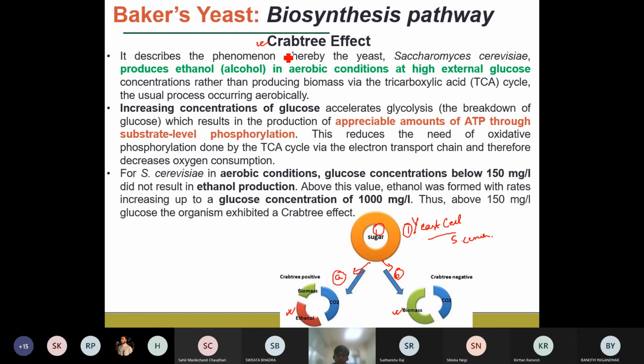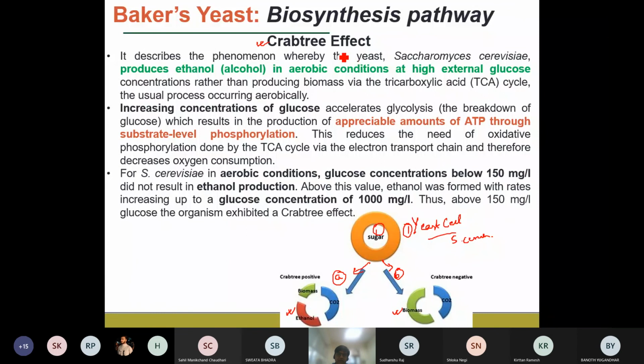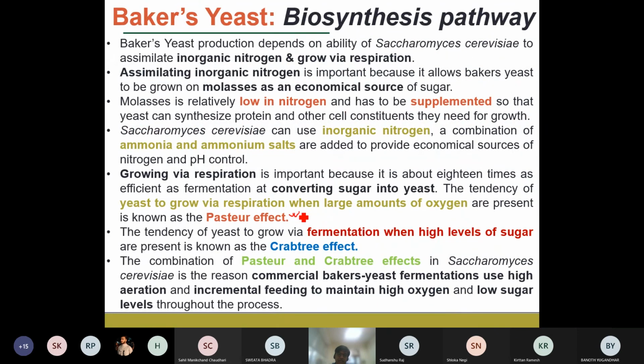We will look into the details of the Crabtree effect. There are two effects: one is called the Crabtree effect, and another is called the Pasteur effect.